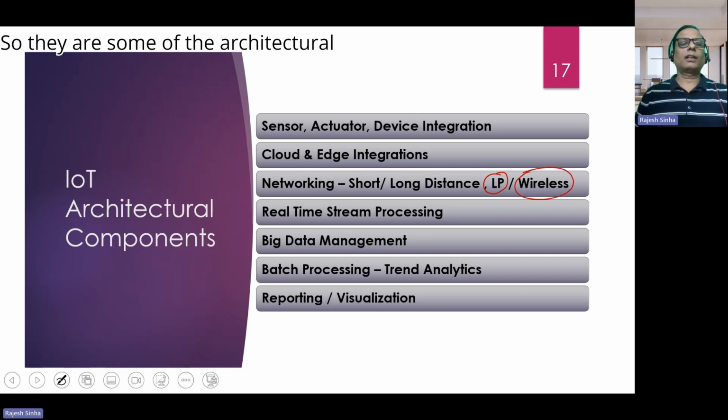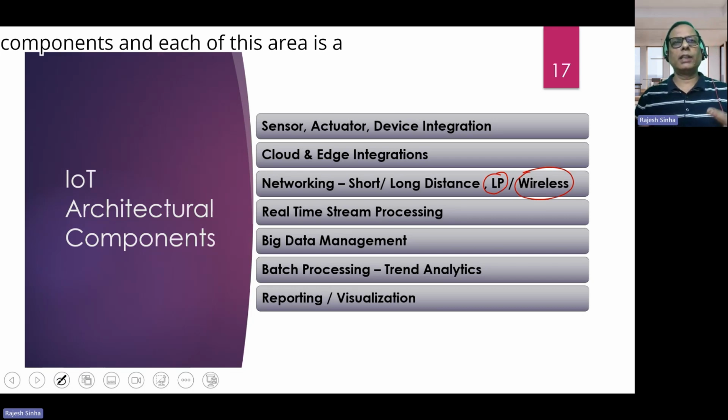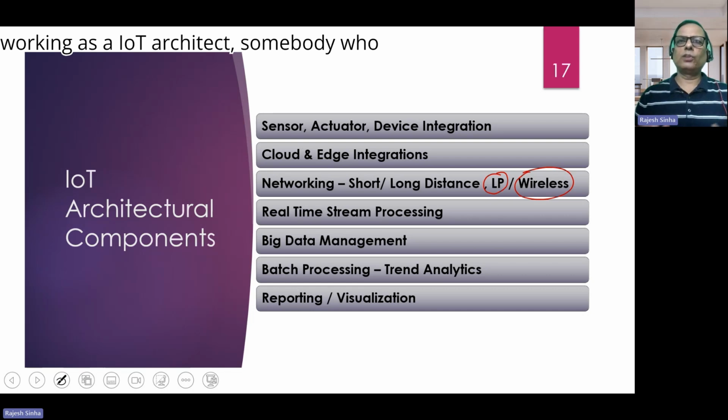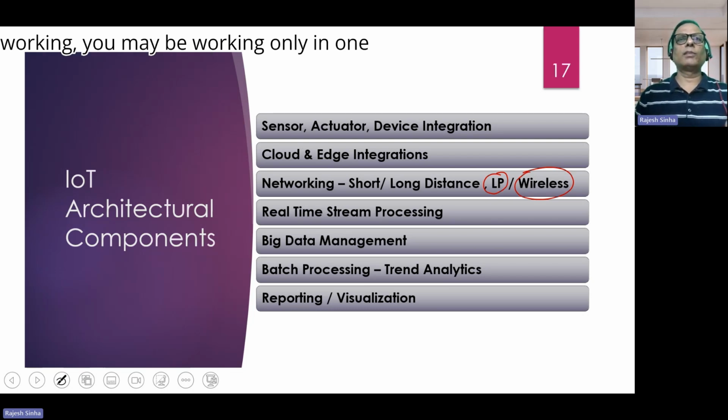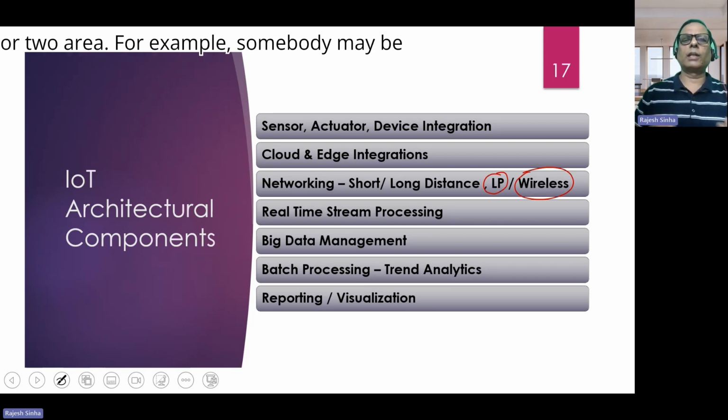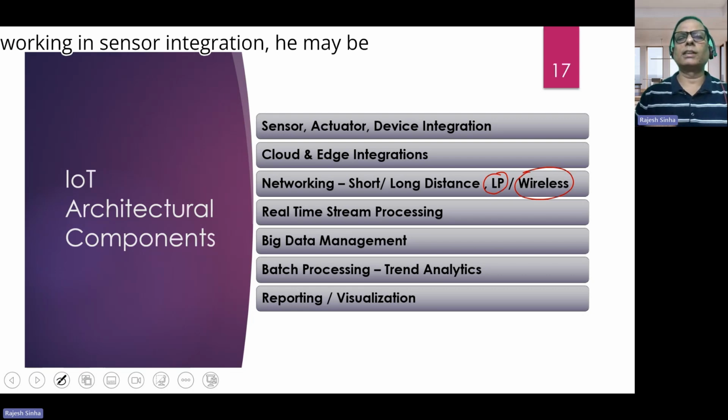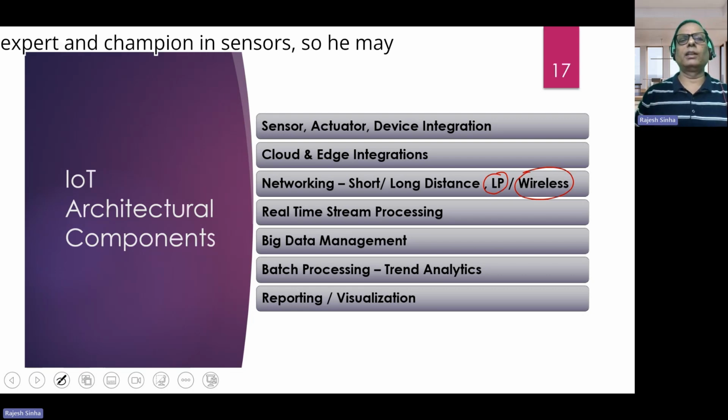So these are some of the architectural components, and each of these areas is a subject in itself. So somebody who is working as an IoT architect, or an IoT project manager, will have to work with experts in all these areas and integrate all these components to implement the entire system. As an engineer, you may be working only in one or two areas. For example, somebody may be working in sensor integration. He may be an expert and champion in sensors.